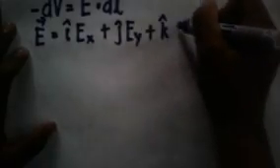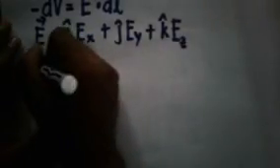To interpret this expression, we write dl and electric field in terms of their components. For electric field, we have i hat E sub x plus j hat E sub y plus k hat E sub z.